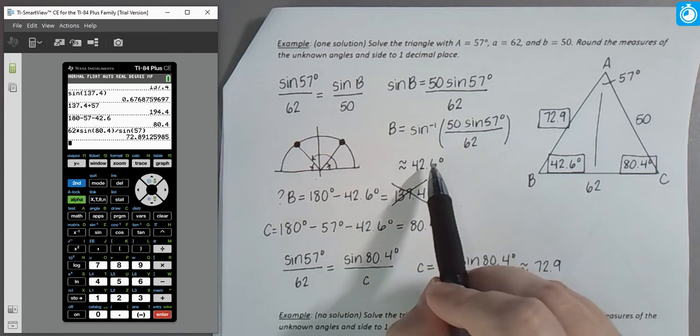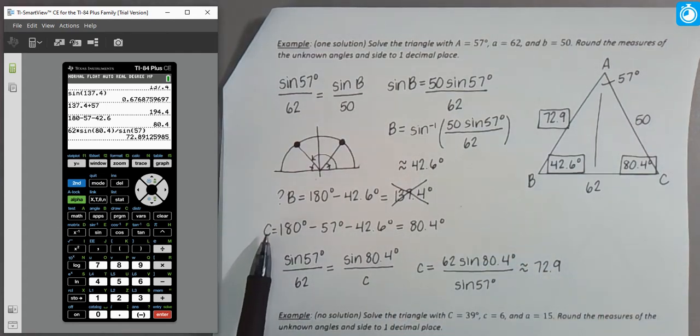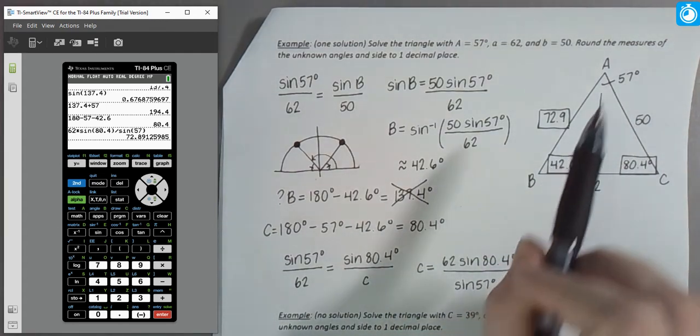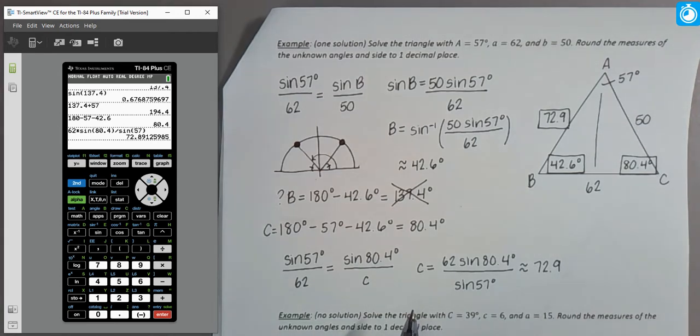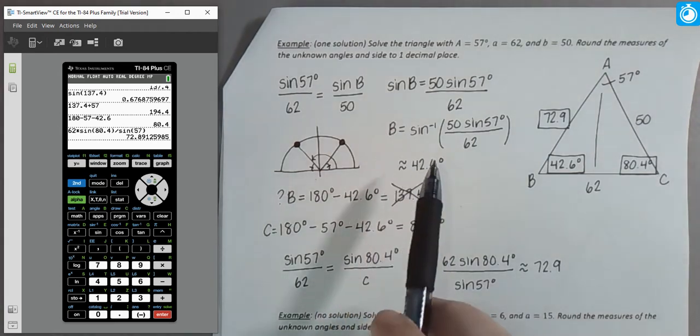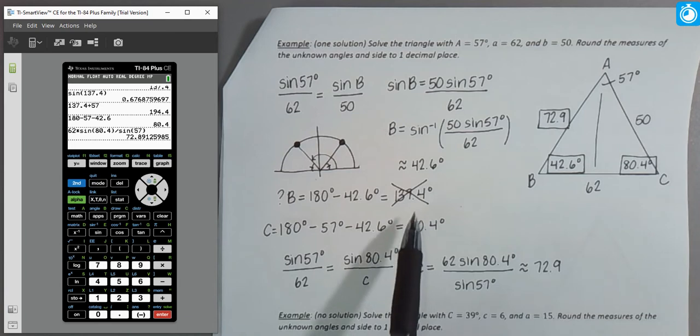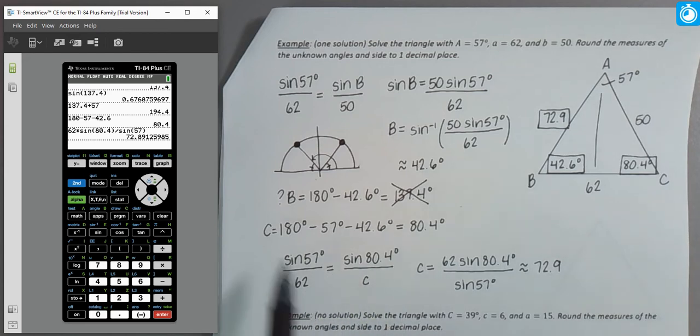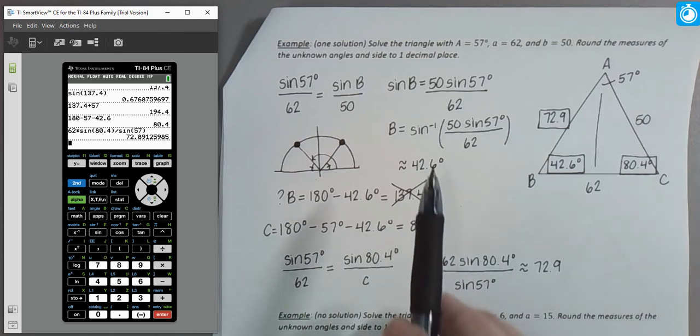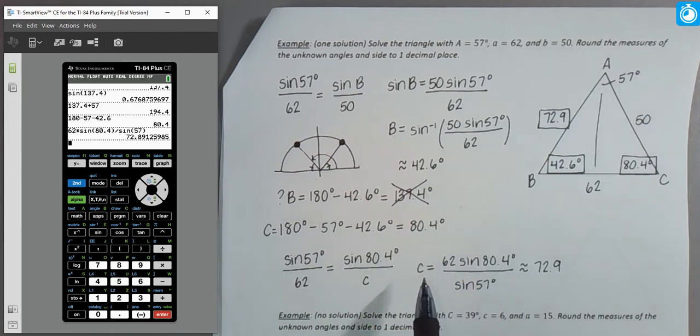So angle B was rounded, which means that when we found angle C, yes, angle C, angle B, and angle A add up to 180 degrees. But because B was rounded, C also resulted from that rounding. So C is exact in the sense that it relates to the other angles in terms of adding up to 180 degrees, but this value was generated from a rounded value.